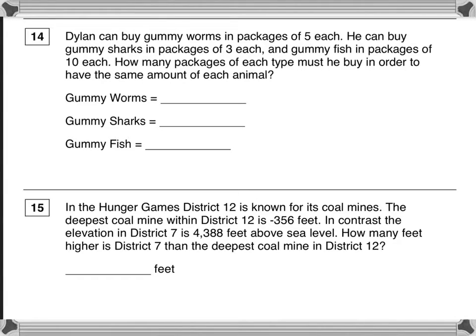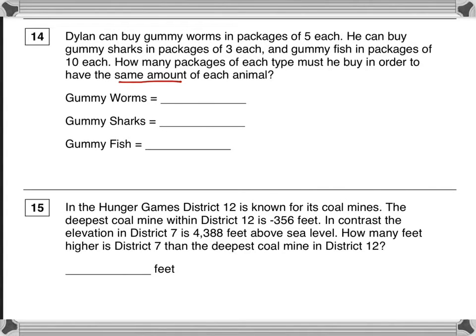All right, problem 14. Dylan can buy gummy worms in packages of 5 each. He can buy gummy sharks in packages of 3 each, and gummy fish in packages of 10 each. How many packages of each type must he buy in order to have the same amount of each animal?